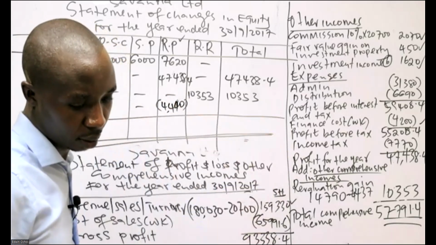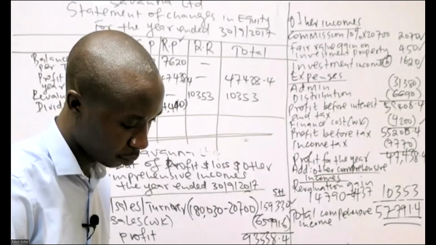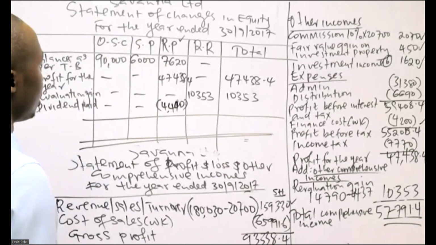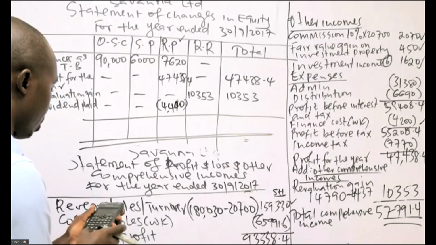So give me the totals. This is the statement of changes in equity for now, according to the items we have.